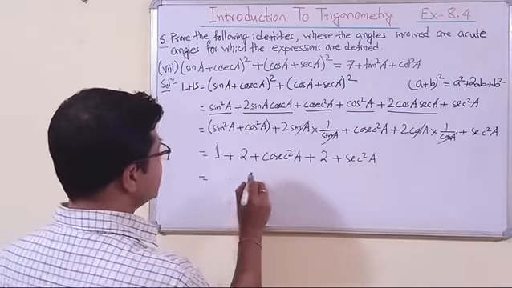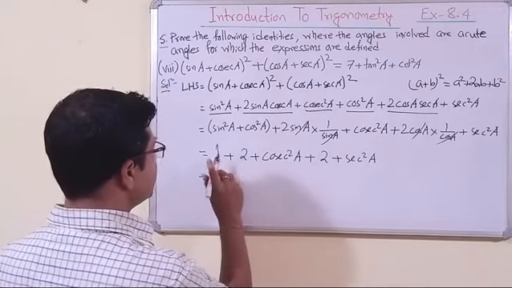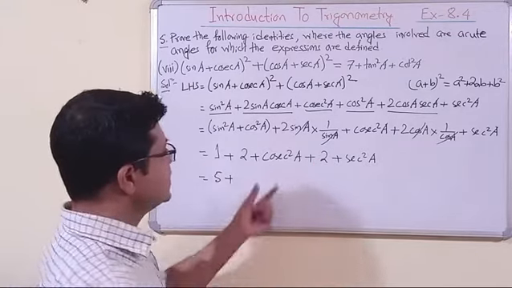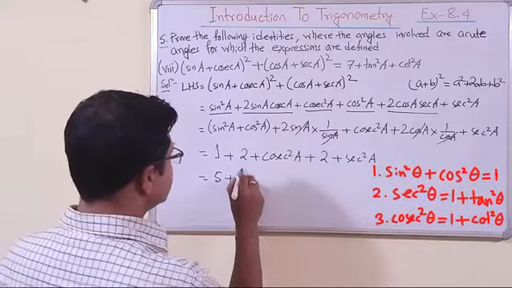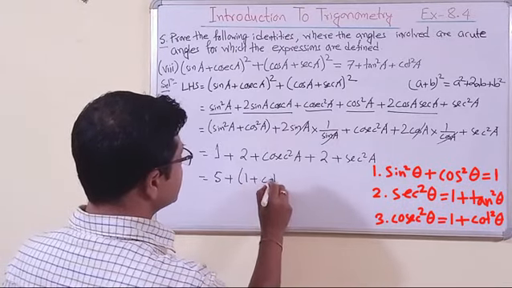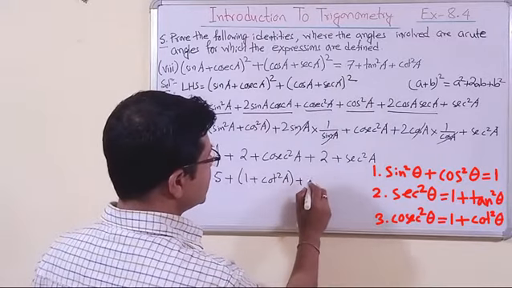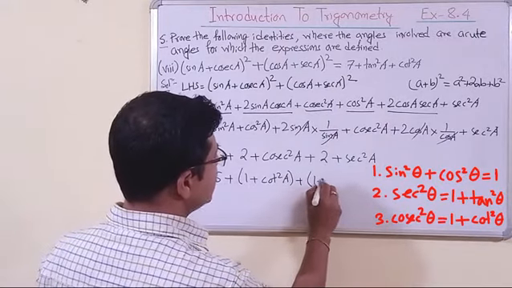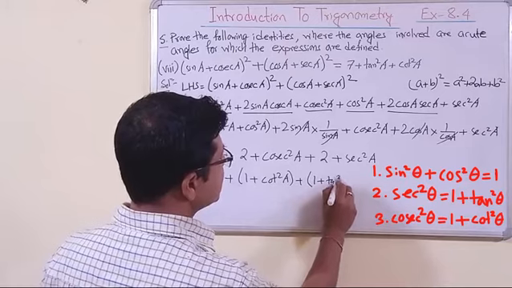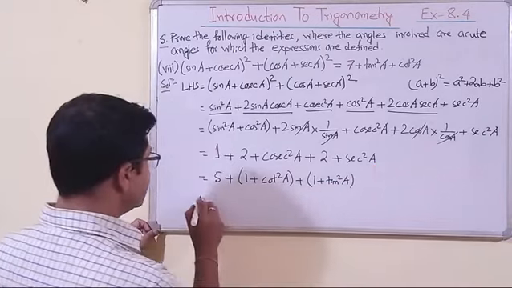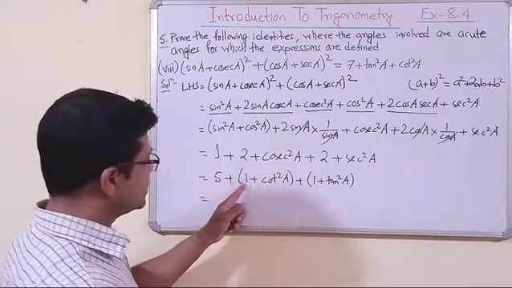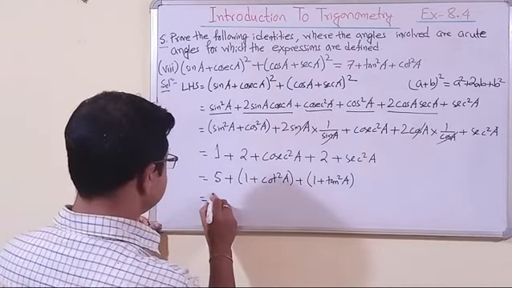Now let us add, this is 2, 2, 4, 5 plus this cosec square A can be written as 1 plus cot square A because this is the demand of the right hand side. Sec square A is 1 plus tan square A. This is another identity. Now let us add, this is 5 plus 1, 6, this is 7.